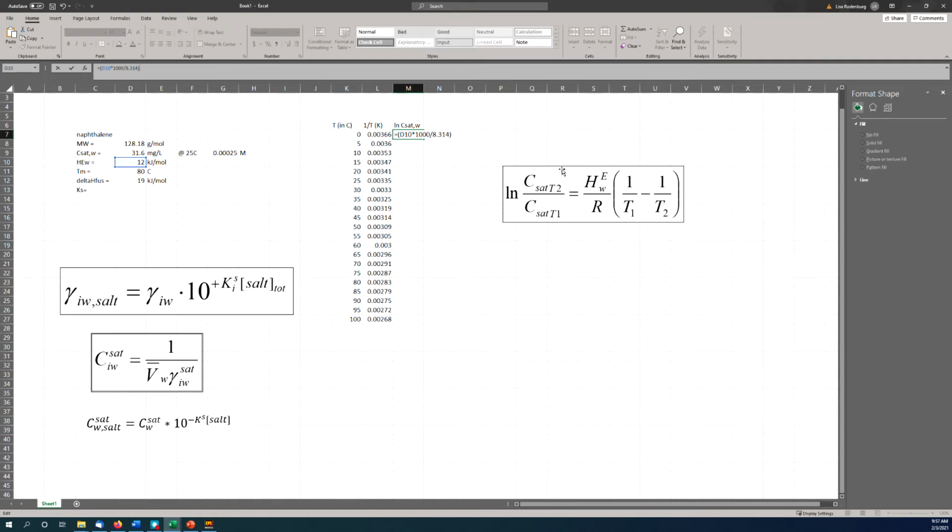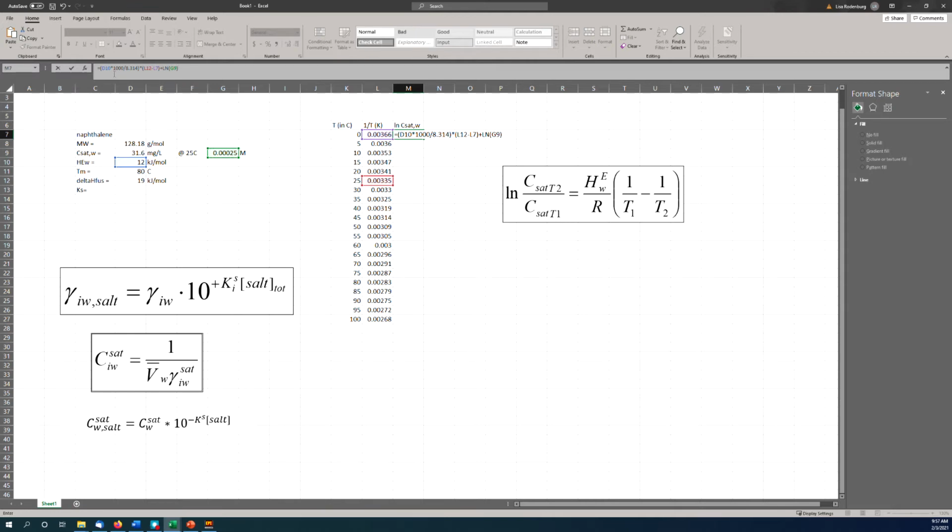And then multiply that by, oops, parentheses, 1 over T1, so that's our reference temperature down here, the 25 degrees C, minus 1 over T2, that's this one here. And then add on to this the ln of our solubility at 25 degrees C, which is right here in molar units.